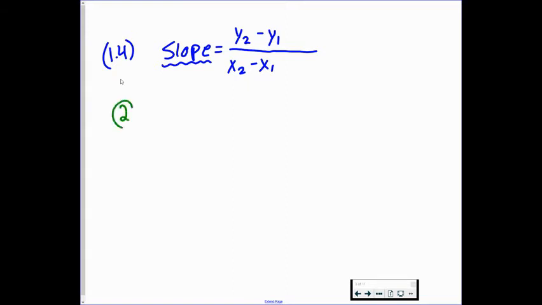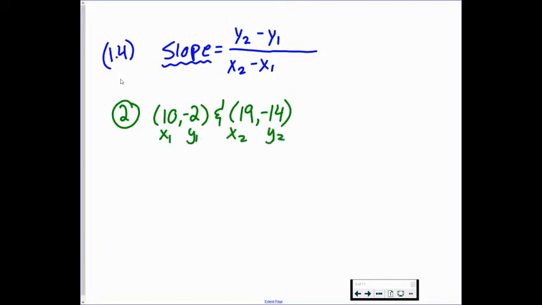The second question asks us to find the slope between the points (10, -2) and (19, -14). Again, our ordered pairs, we're going to label those x1, y1, and x2, y2.